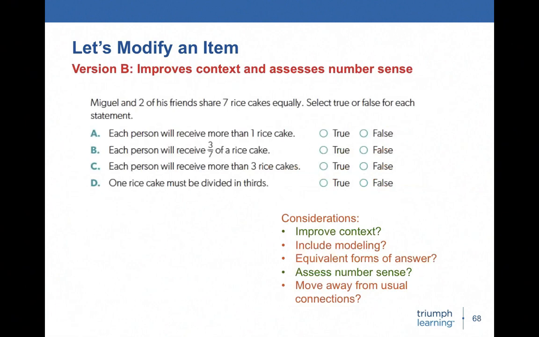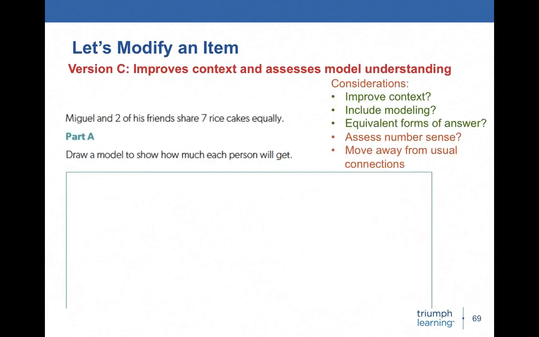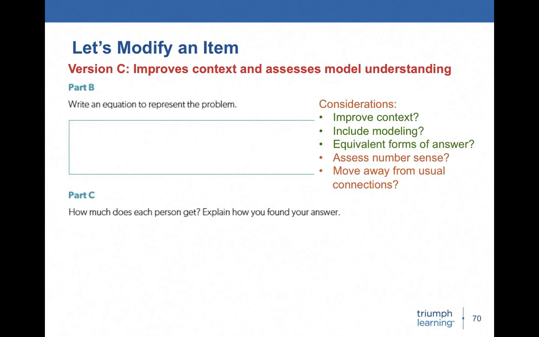Let's try another way. If I assess number sense, they may need to draw models. So in the process of asking questions, for example, such as whether the number of rice cakes they have is going to be more or less than 2, I'm going to have kids taking a lot of different approaches. So here's the way I've redesigned that problem.